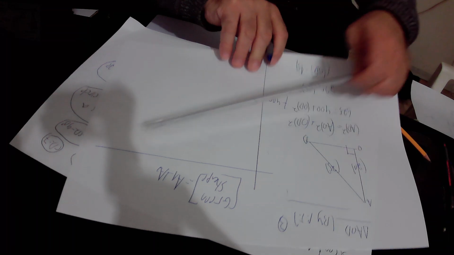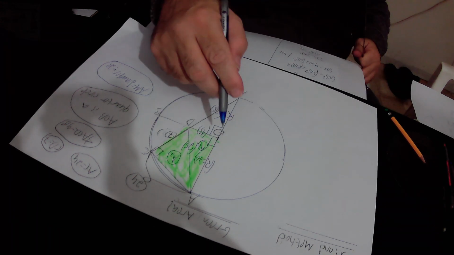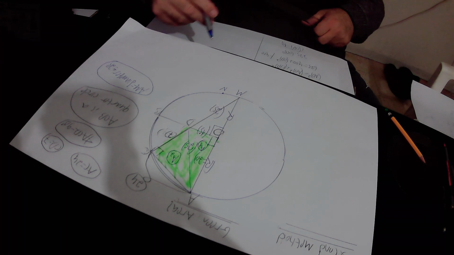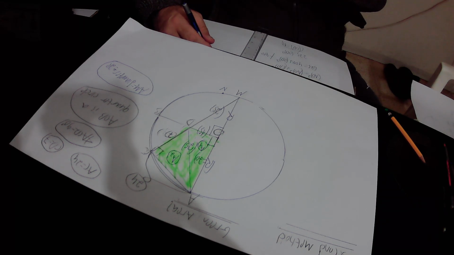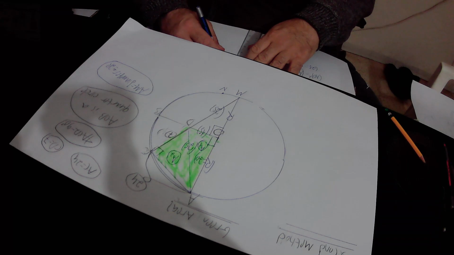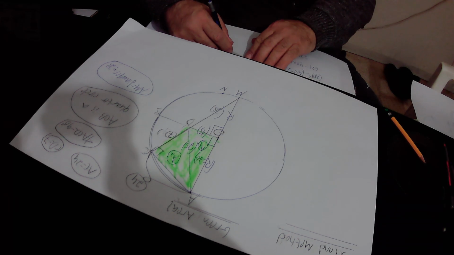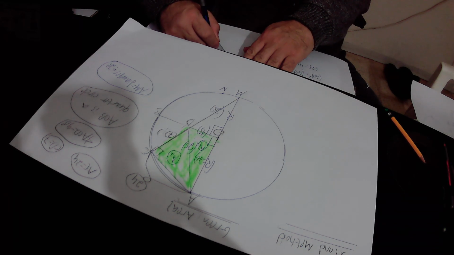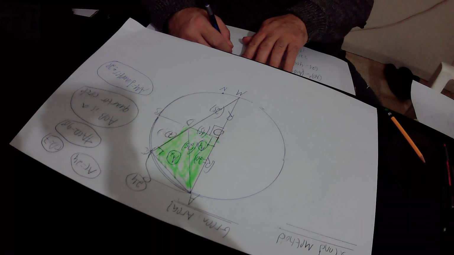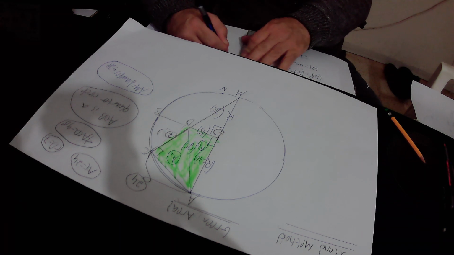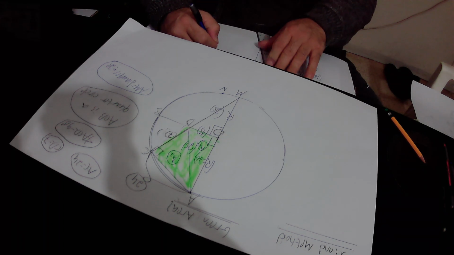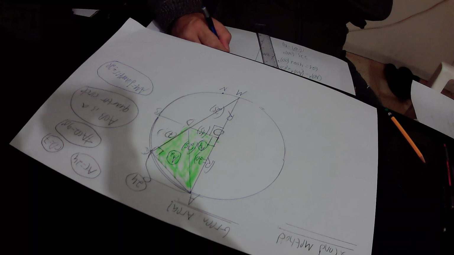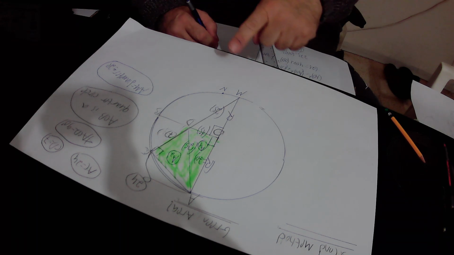Repeat again that A1 is the area of the green triangle AOD, so I copy the green triangle AOD in a new page and you find out the area of this green right triangle. AO is 20 and OD is 15.